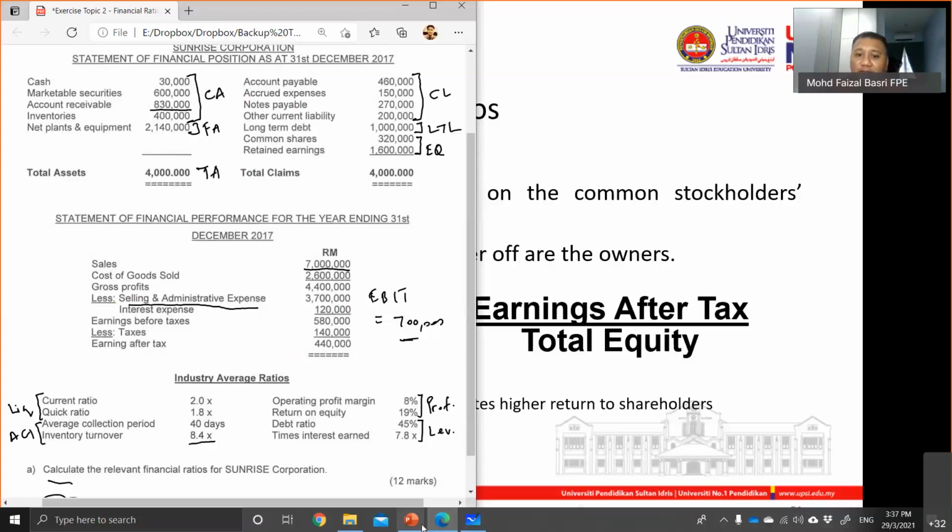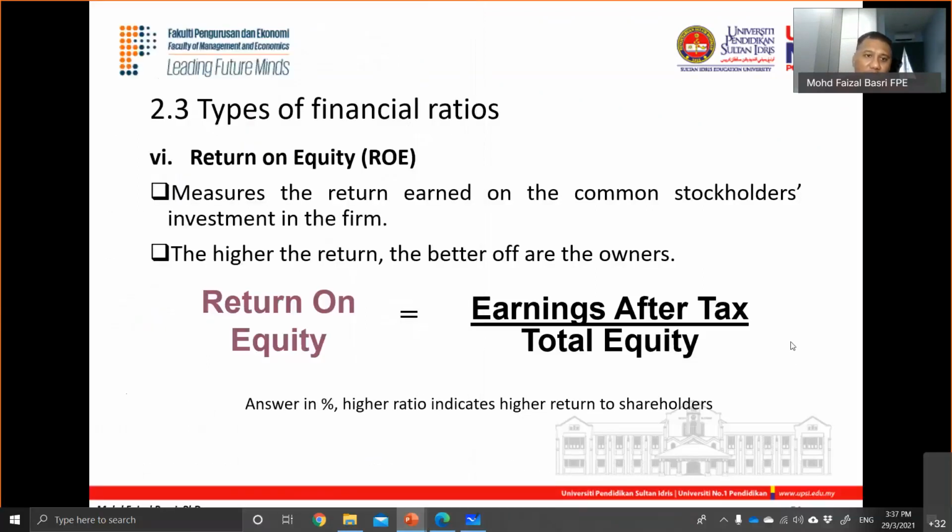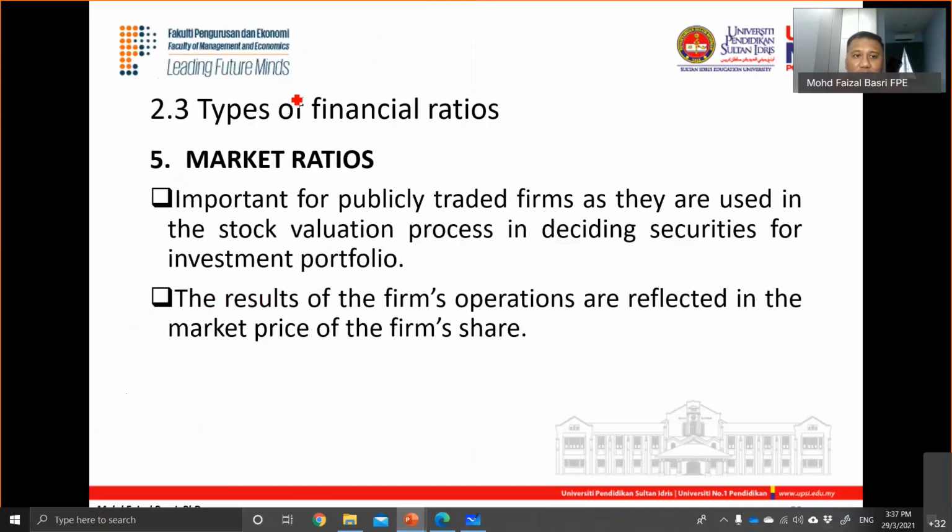But we have another one, our fifth category, which is the market ratios. I can say 99.9% these market ratios will not be asked in the final exam, simply because when we want to calculate the market ratios, we need more information.